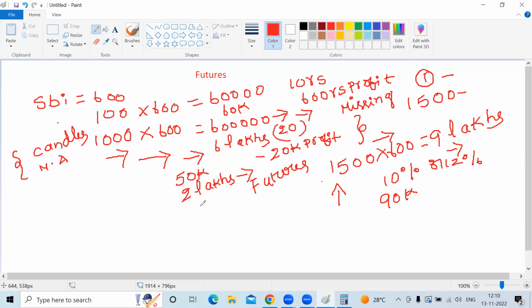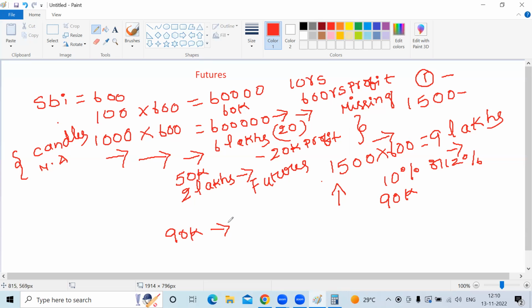Even though it requires 9 lakhs to buy 1500 quantity, in futures you don't need to have 9 lakhs. If you have 90K in your account, you can take the position.